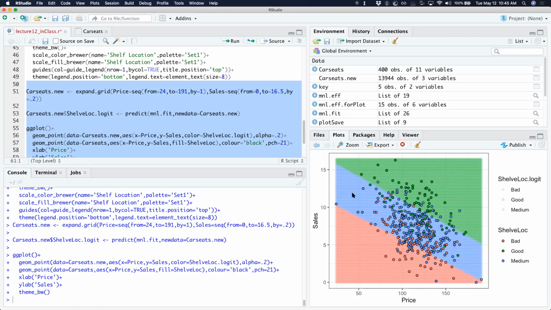And the MNL is essentially predicting what those outcomes are going to look like for shelf locations. So the predicted values of my model look essentially like this. And then you can see where you are doing well and where you're doing poorly, right?